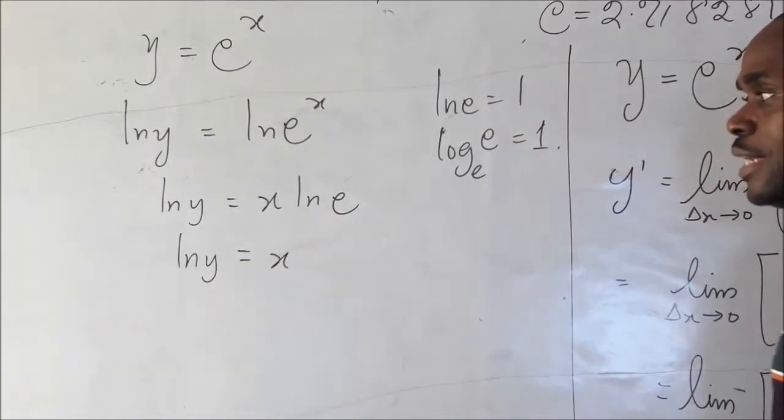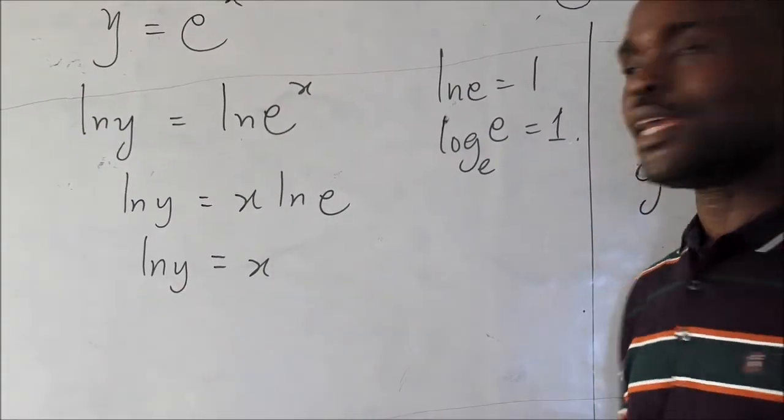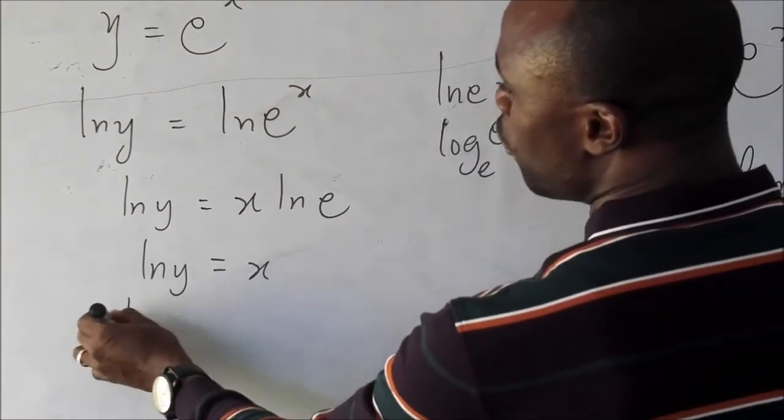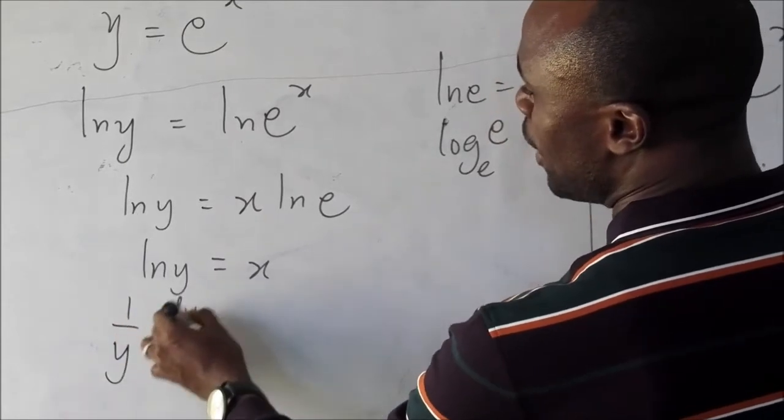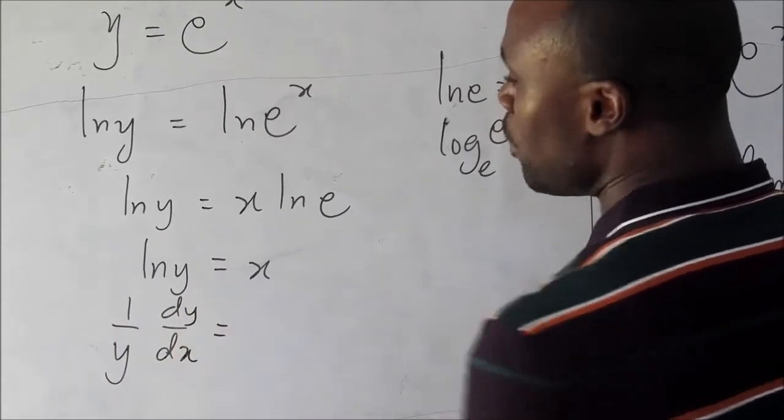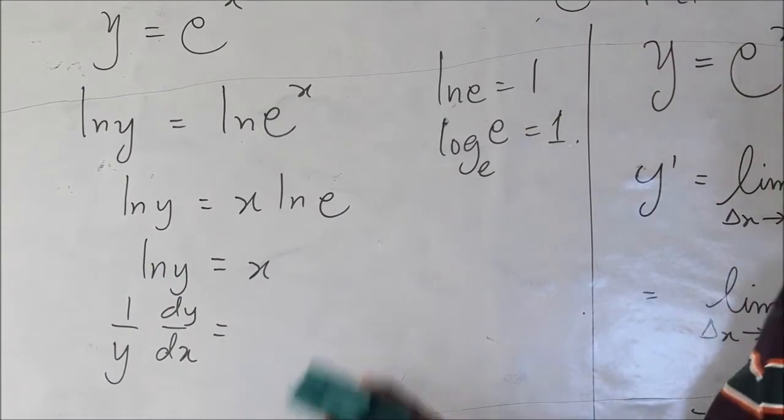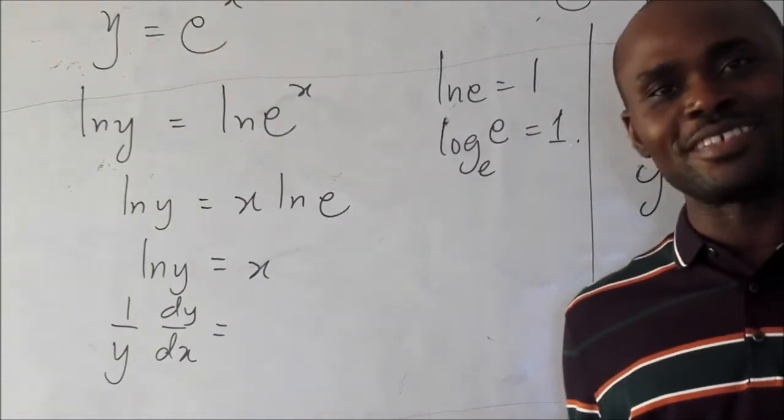If we differentiate both sides, this is going to give you 1 over y times dy/dx. Please, I will refer you back to my video on implicit differentiation.